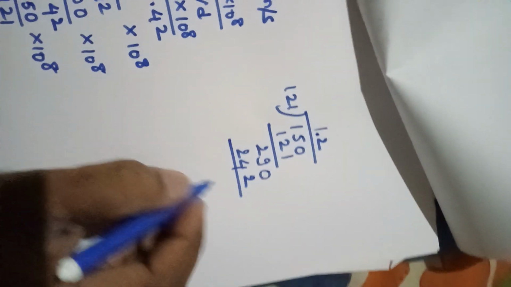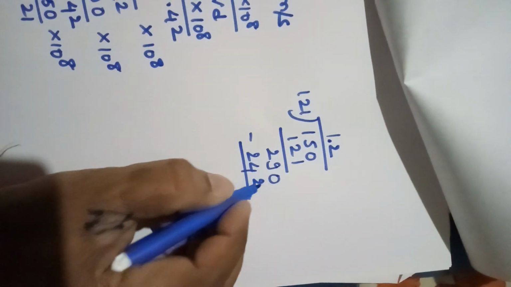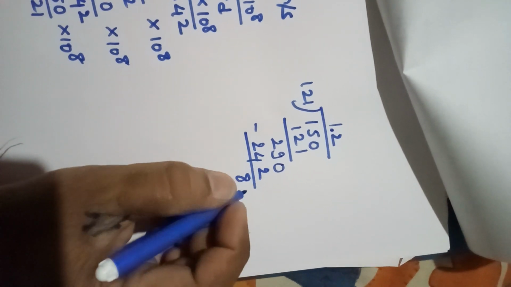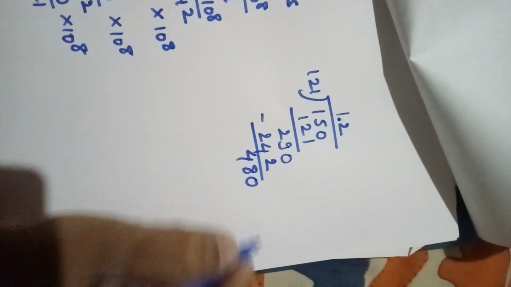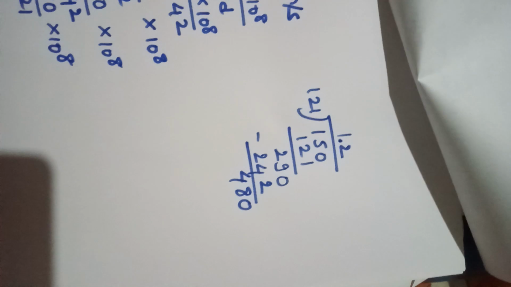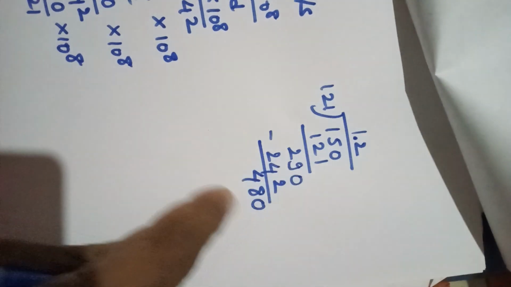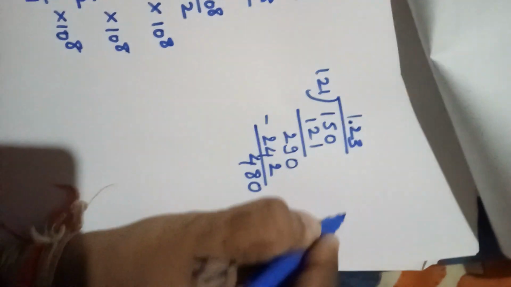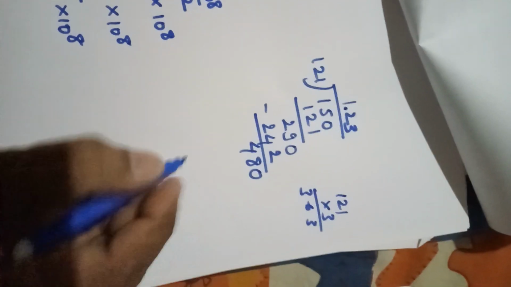If you subtract 242 from 290, this will be 48. So I can take a 0 here. By what number should I multiply? If you multiply by 4, we'll get 484, which is more than 480. So I'll multiply by 3. So 121 into 3 is 363.